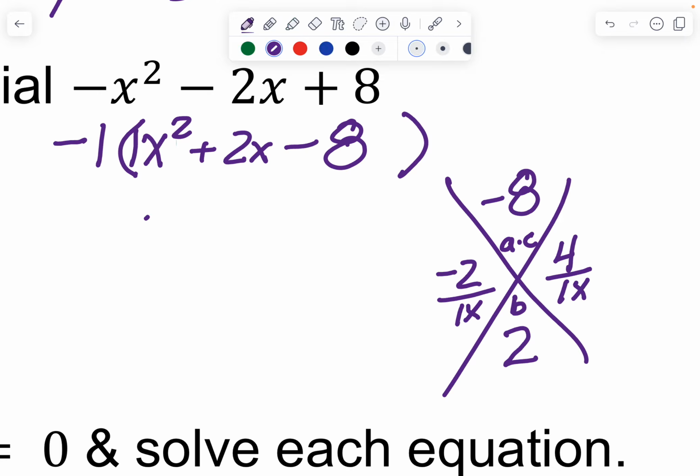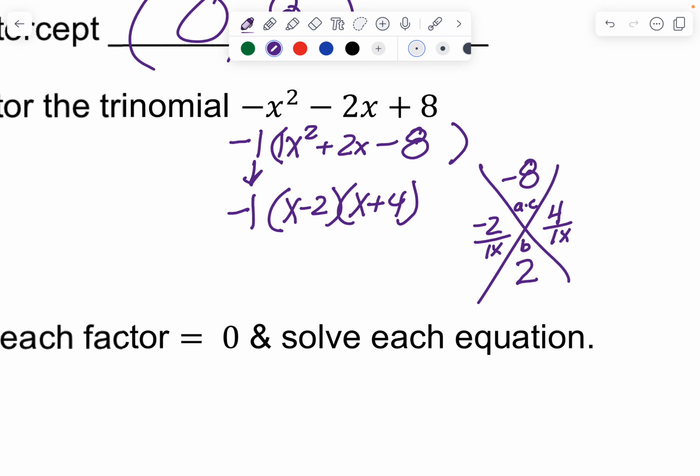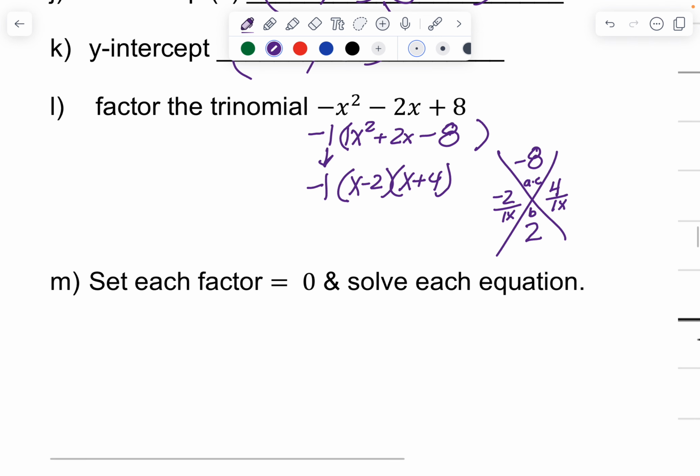Tip it over on its side, and we have an x -2 and an x +4. But don't forget that this -1 is still there. The only effect that -1 had on the entire graph was it made it open down. We now set each of those factors equal to 0.